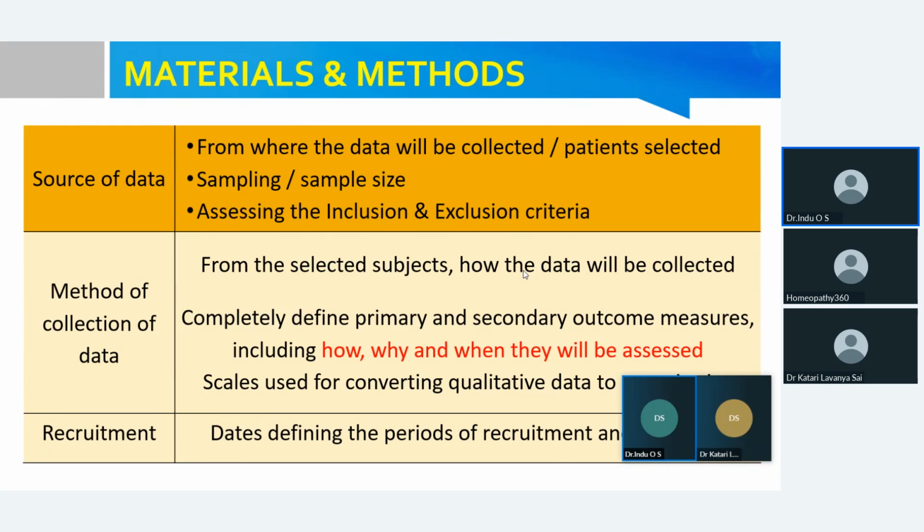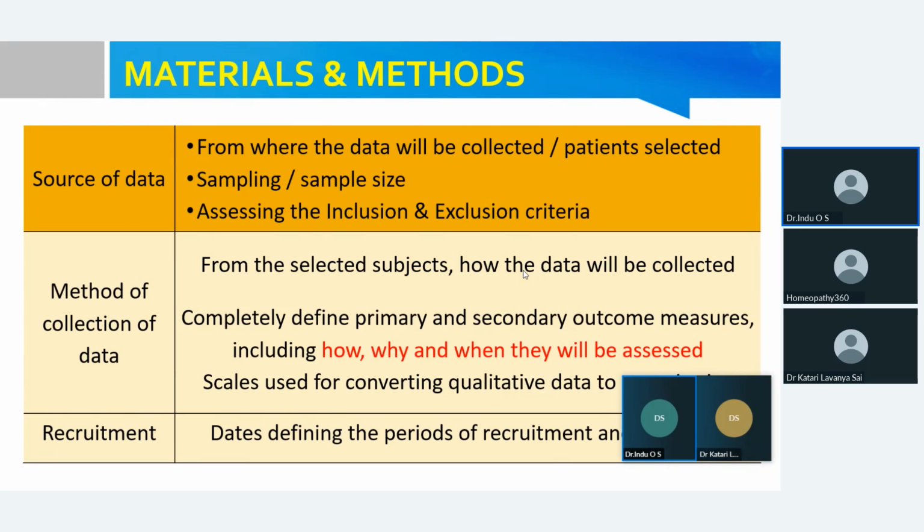Then next is recruitment. Recruitment means the periods of recruitment and follow-up. We have to give the particular time for follow-up or reviewing. Suppose your total study duration is 1 year, then you can give follow-up every 1 month, or once in 3 months, as per the prognosis of the disease.